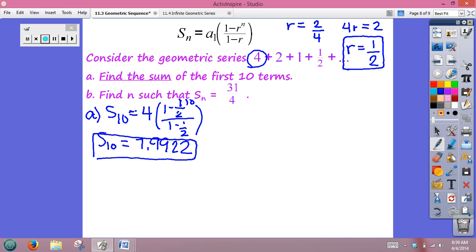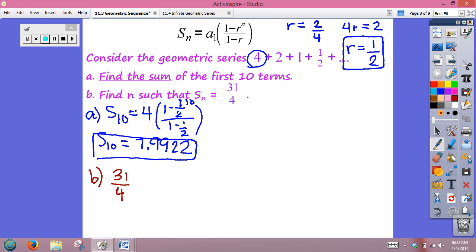Okay, so for part B, we're asked to find n such that Sn equals 31 over 4. So we're just moving backwards in this example. We're given our Sn, which is 31 over 4.